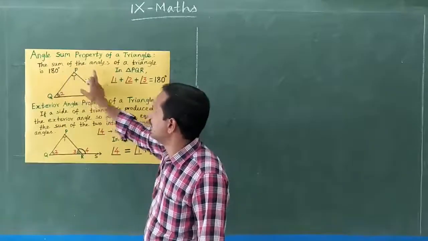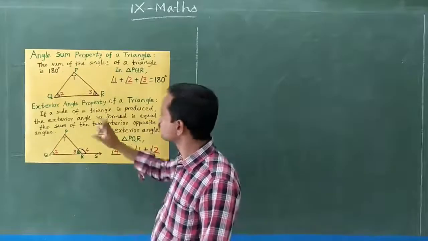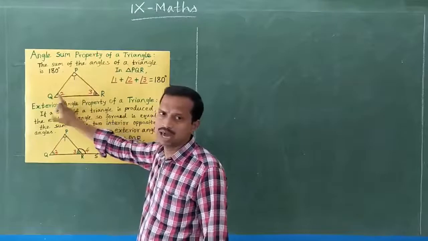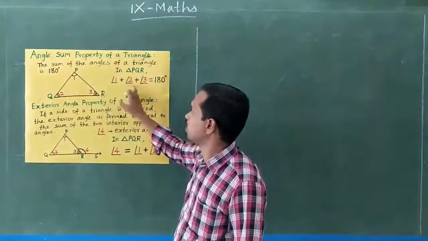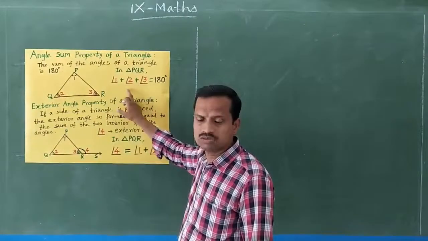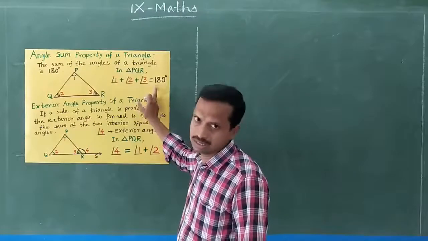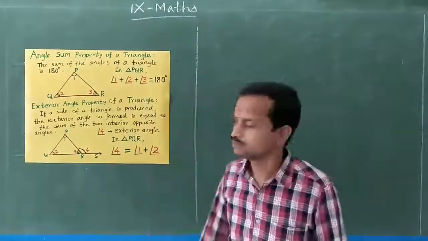So the sum of the angles of a triangle is 180 degrees. In triangle PQR, I marked angle 1, angle 2, angle 3. If you add all the 3, angle 1 plus angle 2 plus angle 3, it gives 180 degrees. So this is the angle sum property of the triangle.